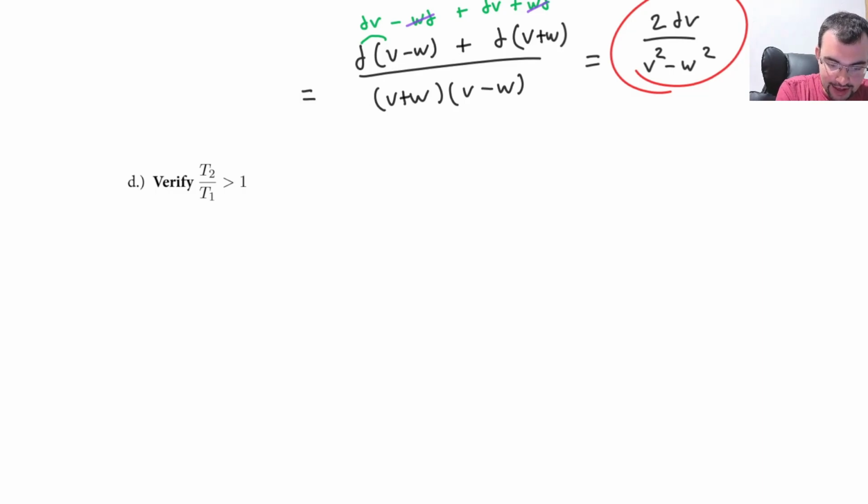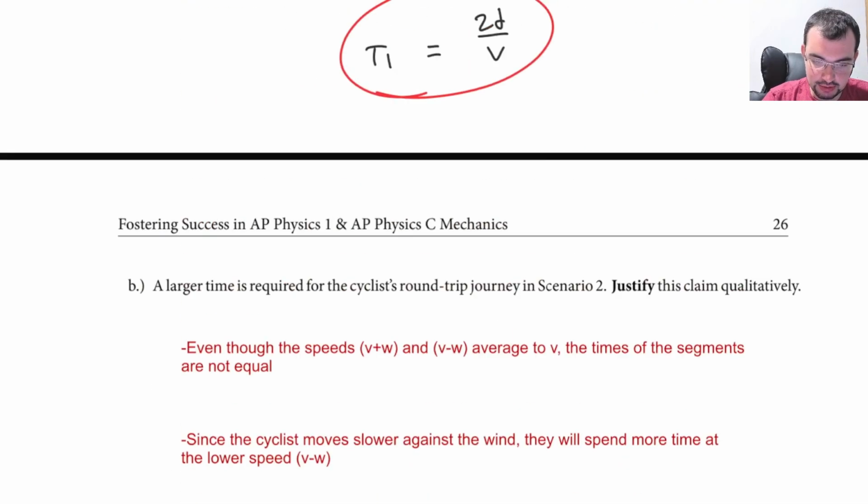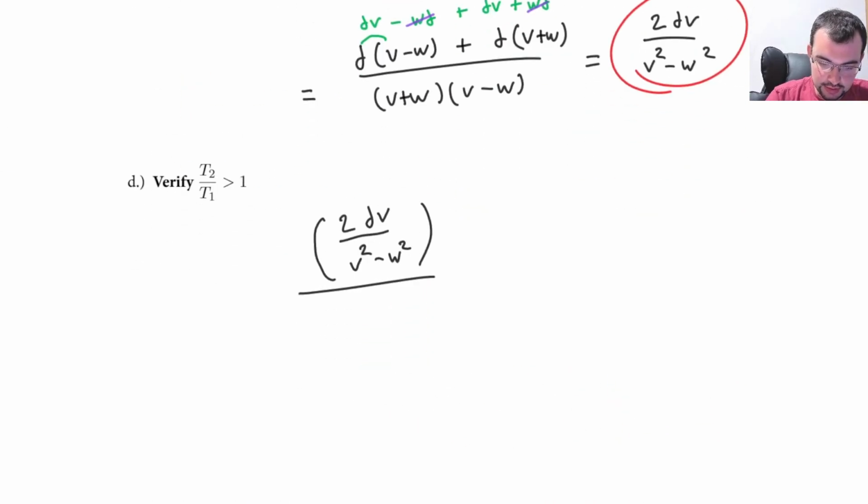So let's check that. T2 over T1. T2 is 2 times dv divided by v squared minus w squared. And then we divide that by T1, which we said was just 2d over v. Now, you might want to write this using keep, change, flip.